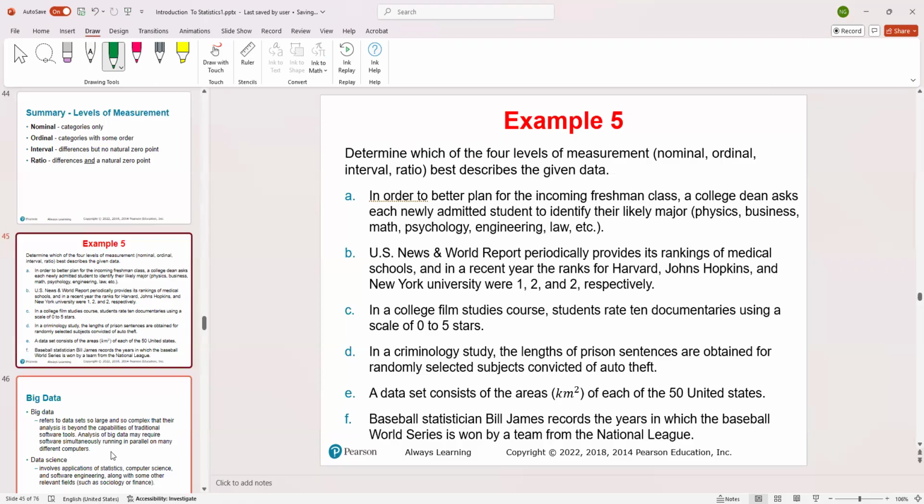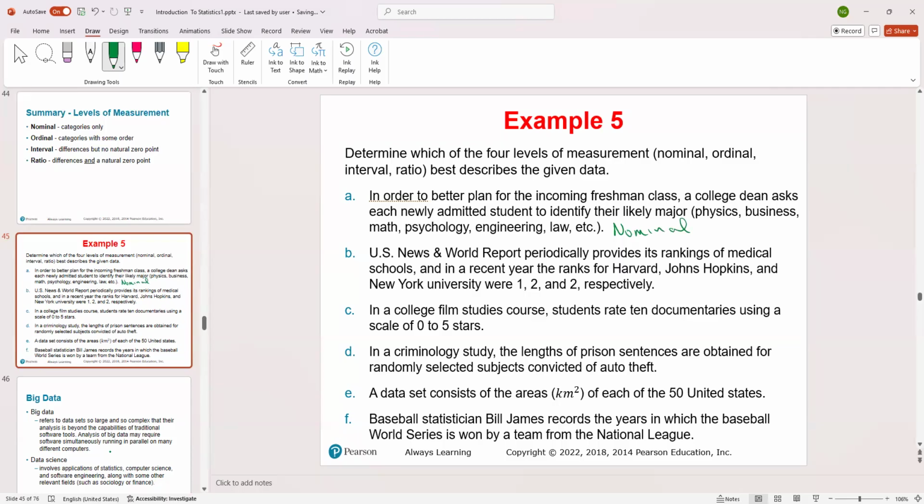The first one: in order to better plan for the incoming freshman class, a college dean asks each newly admitted student to identify the likely major: physics, business, math, psychology, engineering. There is no rank on this one. You just nominate them. You only list them. So that should be nominal.